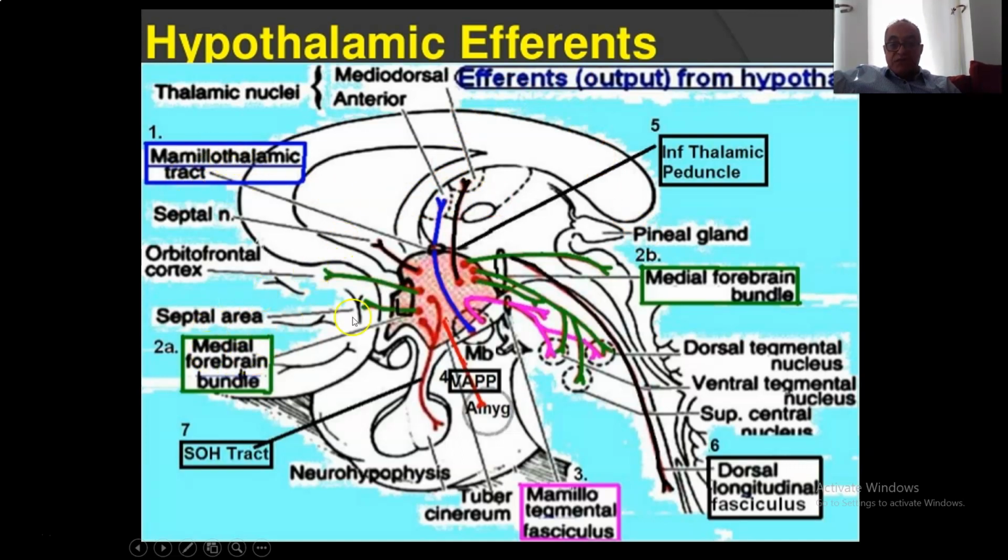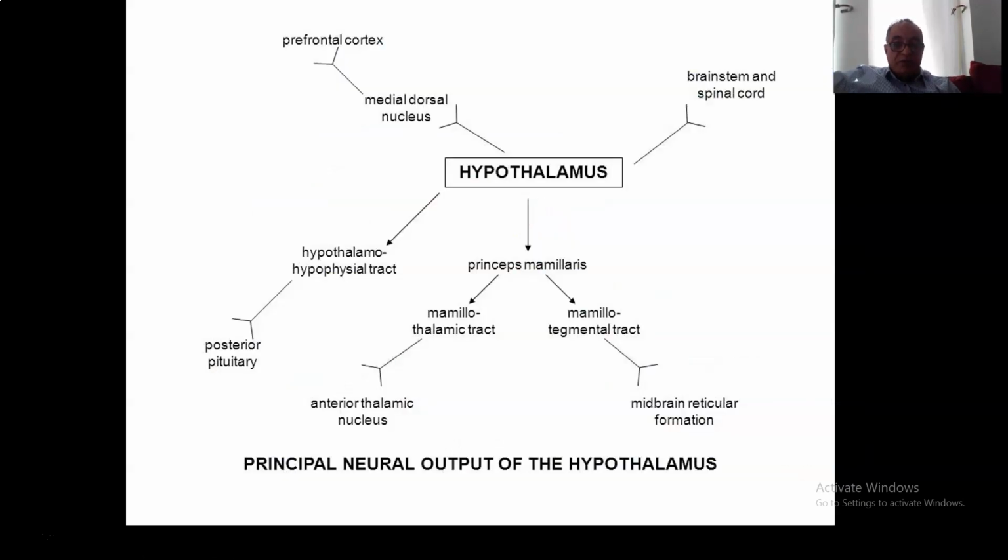The medial forebrain bundle sends efferents to the orbitofrontal cortex. Also, these are the mammillothalamic tract, part of the circle of Papez, the mammillotegmental tract going to the dorsal tegmental nucleus and the reticular formation of the midbrain, and some sending fibers to the spinal cord, as we will see here.